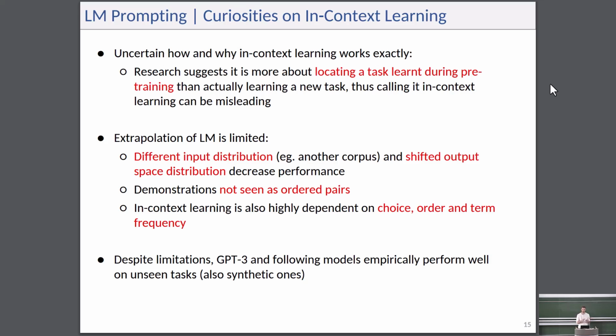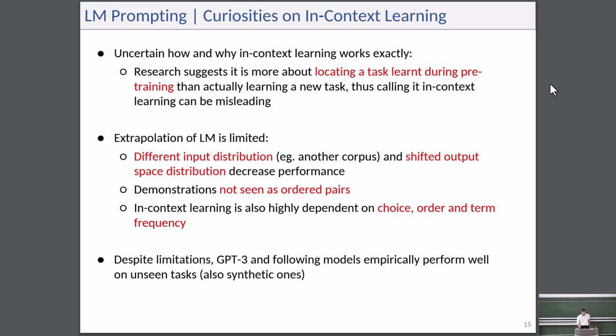And this is the first hint of why this only works at a certain scale, because the larger the model, the higher the capability of inherently storing information from pre-training, and the more data points I can actually store. So if I have billions of parameters that have learned billions of tokens, then it's more likely that I'm good at locating a certain task, because it's more likely that I have seen it, and I have more memory available.